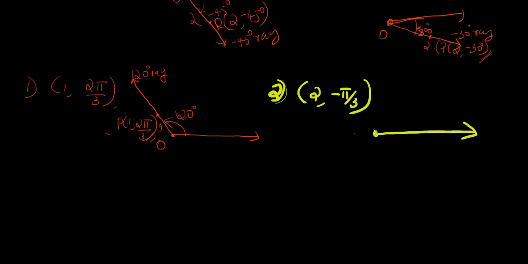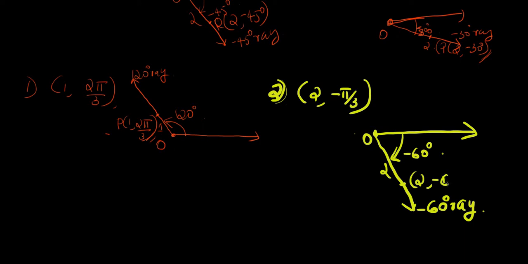This is the polar axis. This is point O. Minus π/3: π/3 is actually what? 180 by 3, that is 60. So -60 means, suppose this is -60 degrees. This is the -60 degree ray. On this -60 degree ray, measure a distance of 2 from the origin. Suppose this is 2. So this is the point (2, -60°).